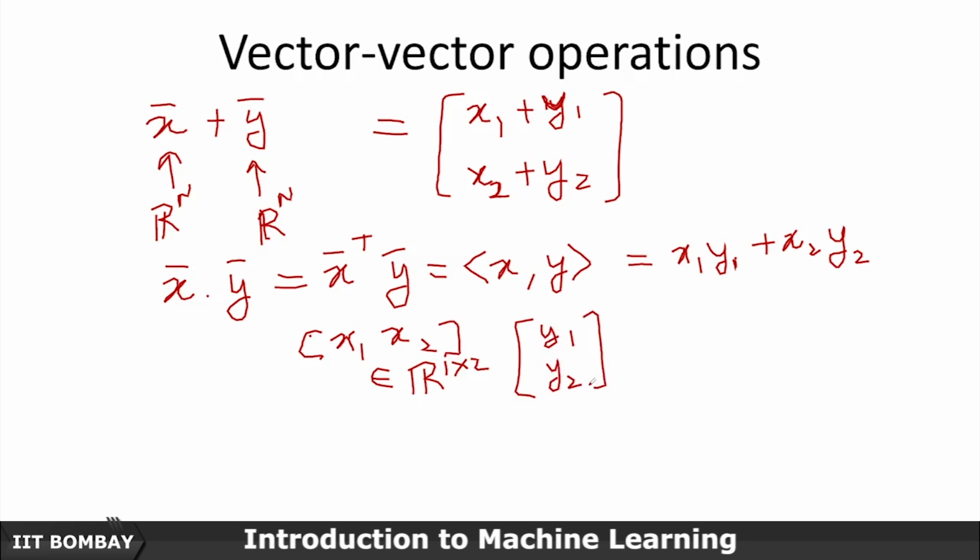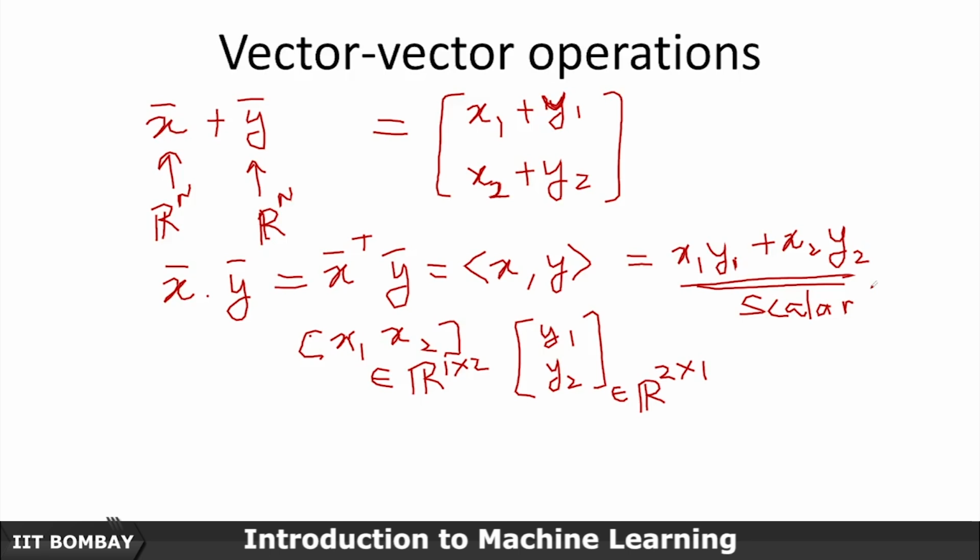As we multiply matrices of two different dimensions, one is of dimension 1 cross 2, the other is of dimension 2 cross 1, so we would get a quantity that is of dimension 1 cross 1, which is a scalar. So this is a scalar.